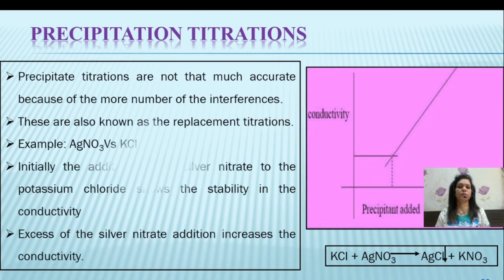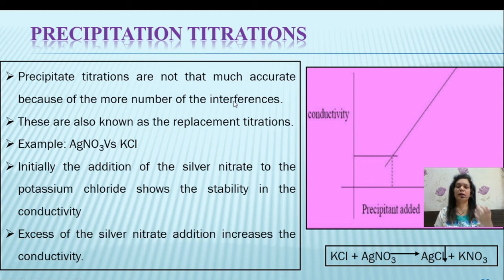Precipitation titration. Here we are taking a simple example of silver nitrate versus KCl solution. Silver nitrate is in a beaker and KCl is used as the titrant. Detecting the end point of a precipitation titration by routine methods is not an easy task.